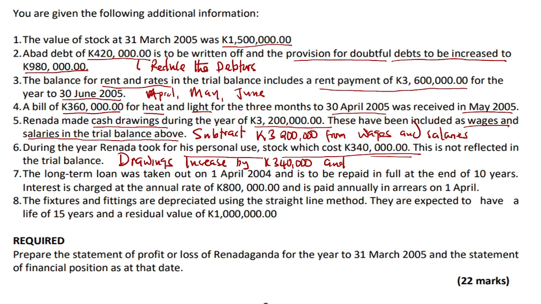Through purchasing. So it's not stock that's going to reduce, it's purchases. So whenever you take goods from the business for personal use, your drawings increase and your purchases is going to reduce.